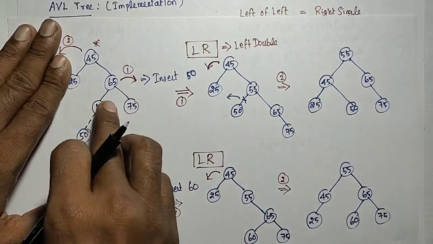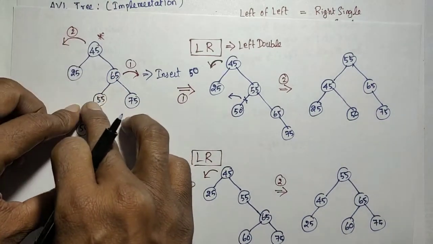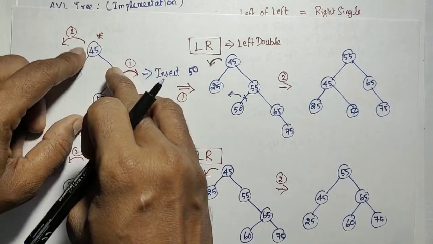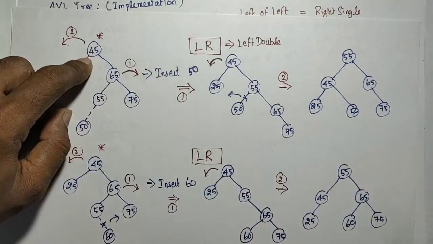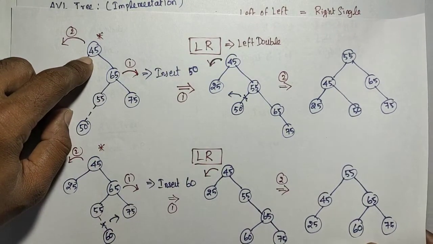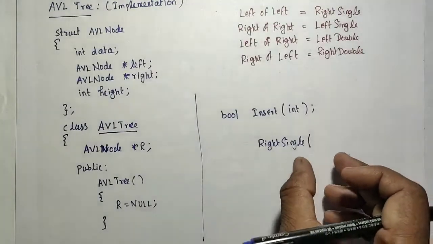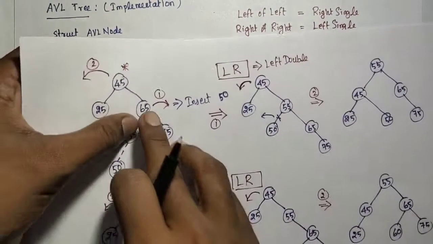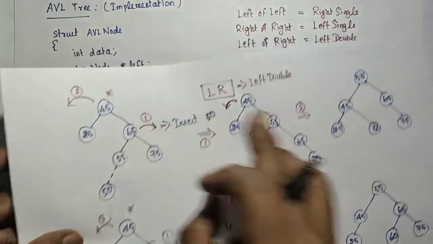So if I want to rotate this subtree, I want to pass this as a root. That is a subtree. So I need to pass that subtree address reference as an argument for this.